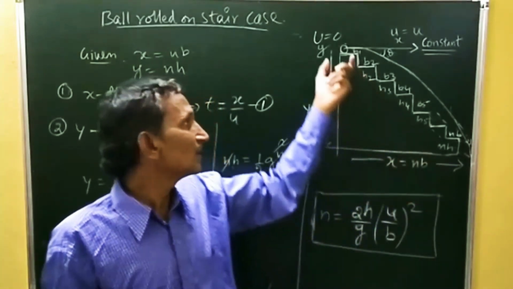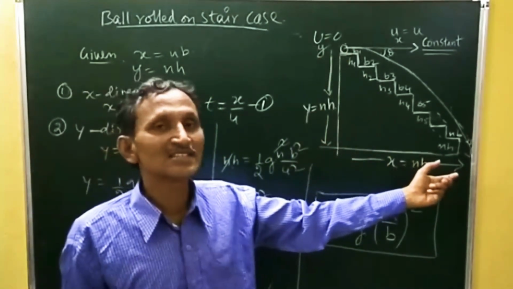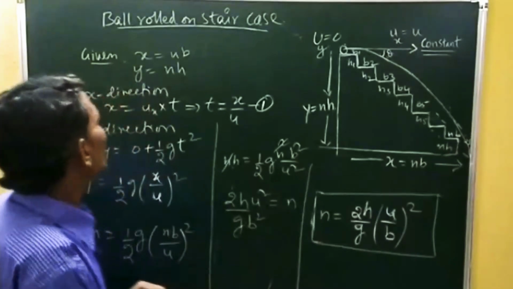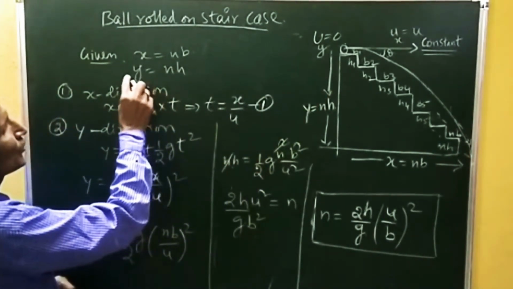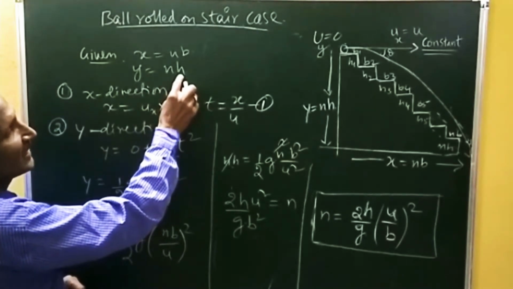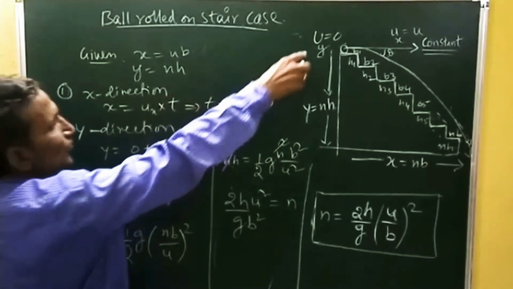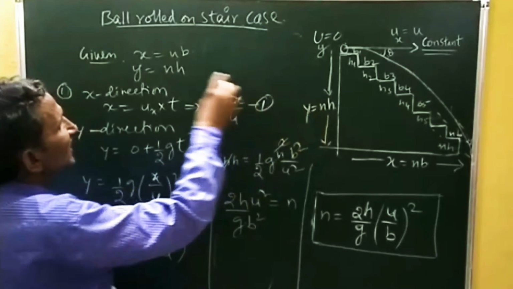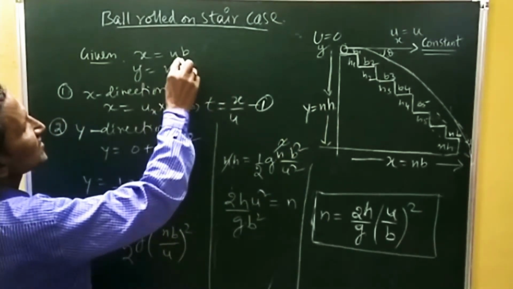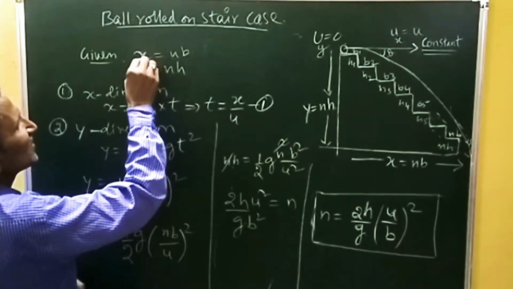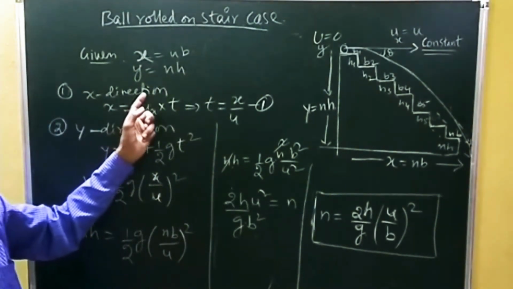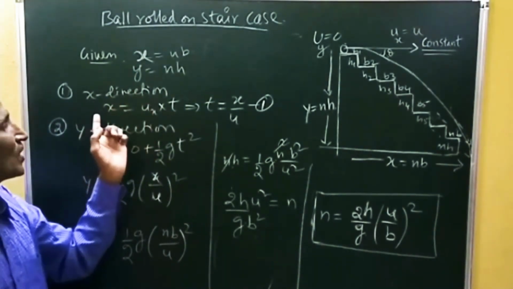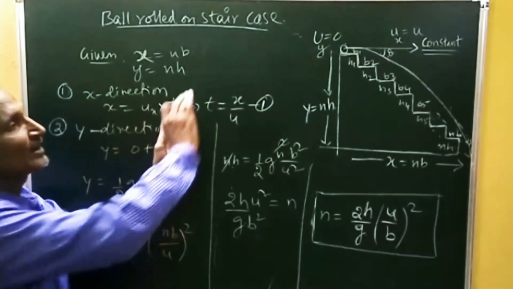So we know the y distance and the x distance: x is equal to n times the width area and y is equal to n times the height. That is the total height and the total width. Based on that x and y, we have seen the horizontal projection. The x direction is equal to the horizontal velocity into the total time taken.